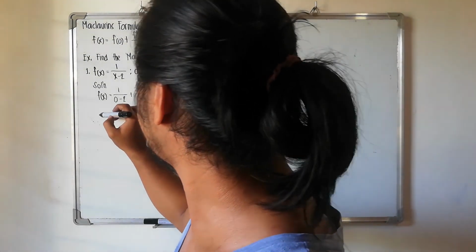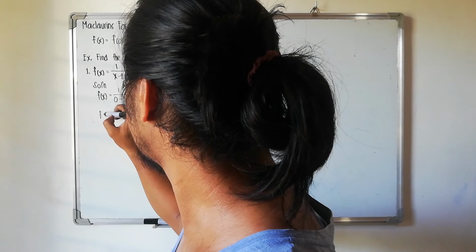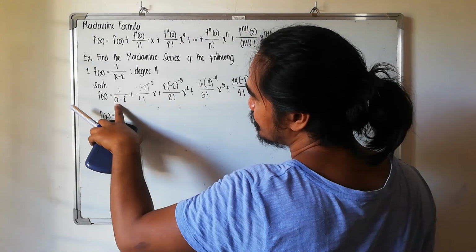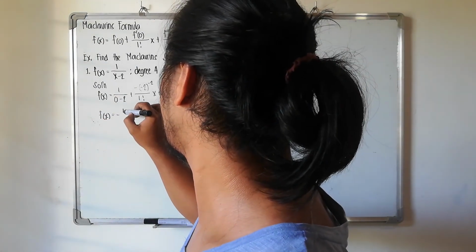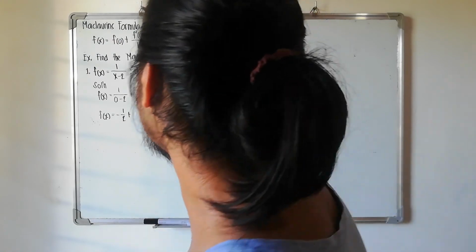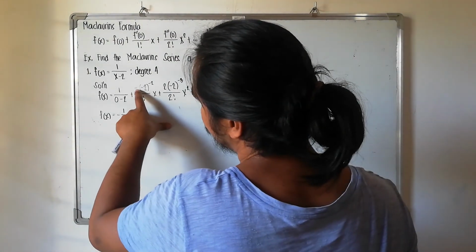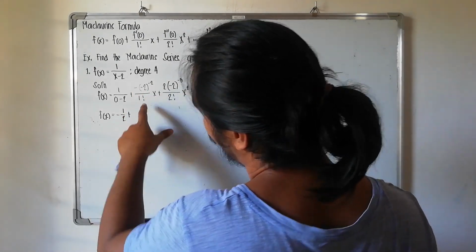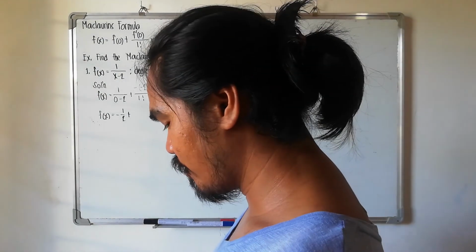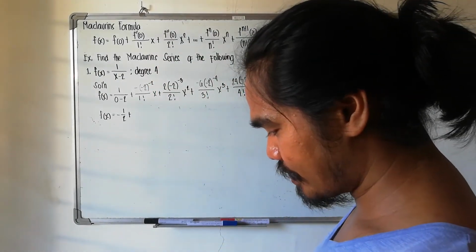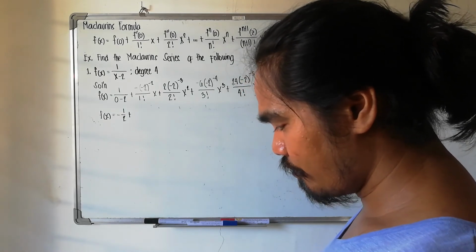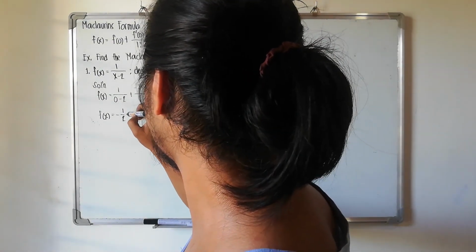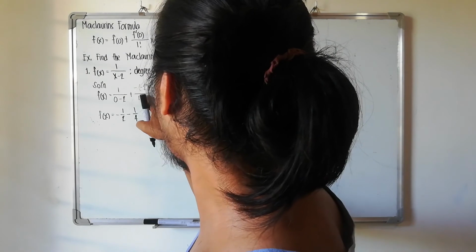Now, we have to simplify the terms. So your f of x is equal to 1 over 0 minus 2, so that is negative 1 half, plus negative times negative 2 raised to negative 2 over 1 factorial, so that is negative 1/4 times x.